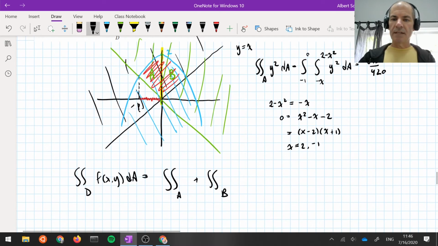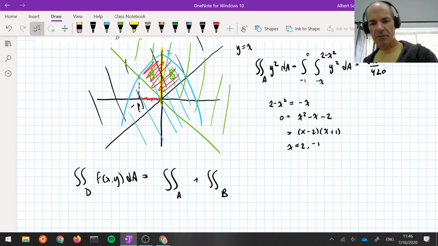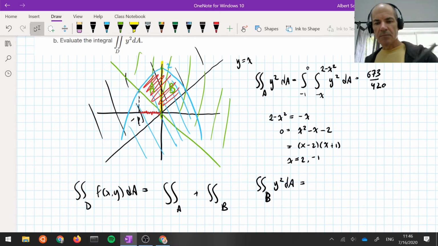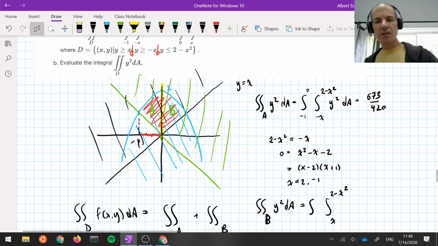What about the integral over region B? Let's write that one out. Y squared dA. All right, over region B, we're going in the vertical direction from y equals x up to y equals 2 minus x squared. And what's the outer limit of integration? Same thing.